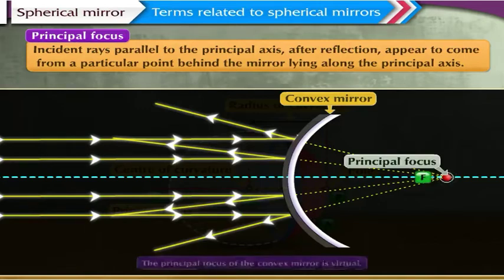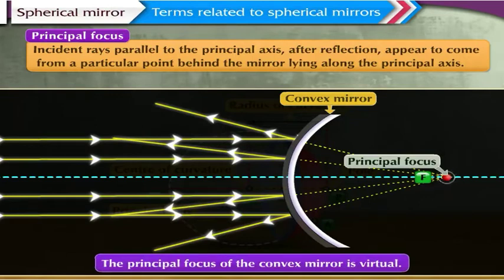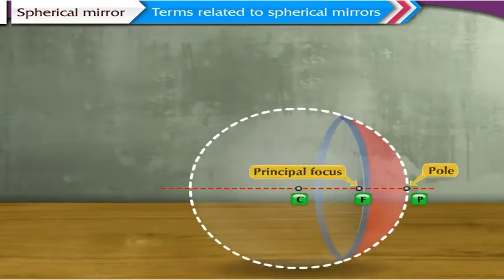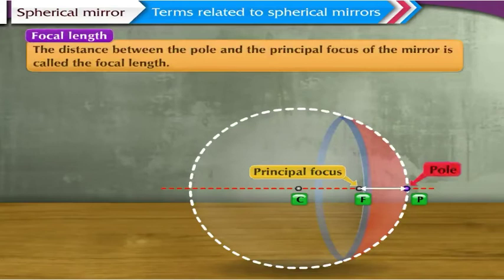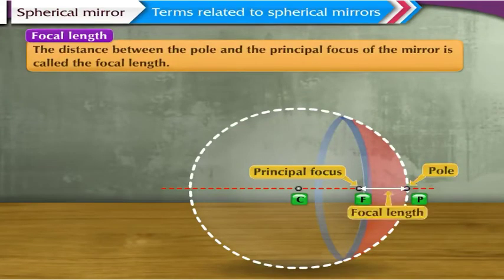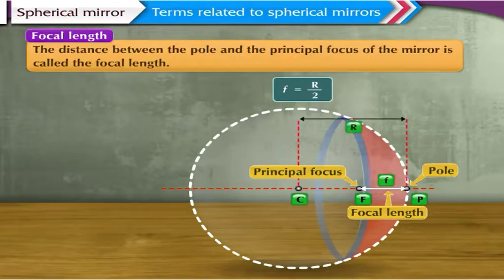The principal focus of the convex mirror is virtual. Focal length. The distance between the pole and the principal focus of the mirror is called the focal length, small f. This distance is half of the radius of curvature of the mirror.